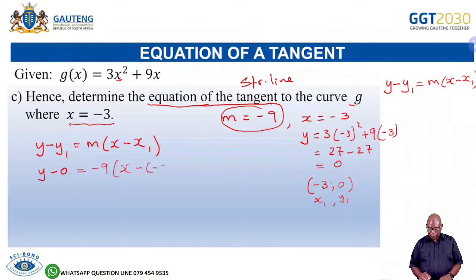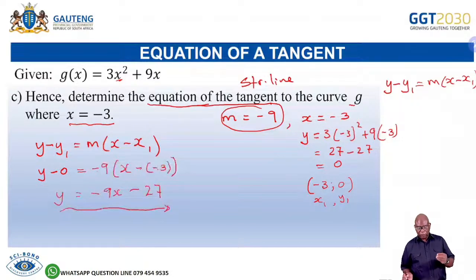Then from there I'll have y minus 0 is y, then -9x, then negative times negative is positive, positive times -9 will be -27. So that is the equation of the tangent.